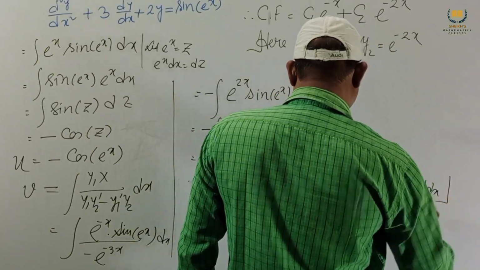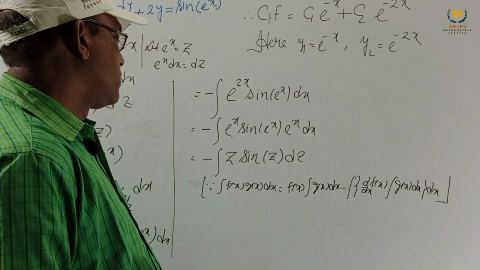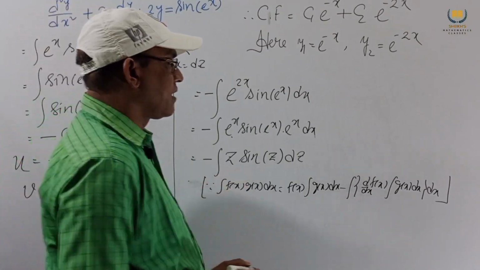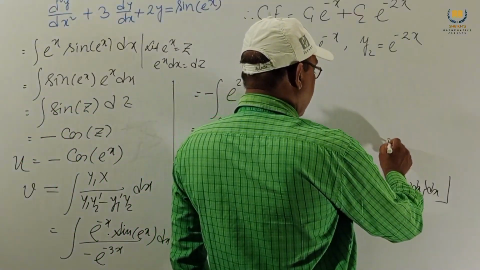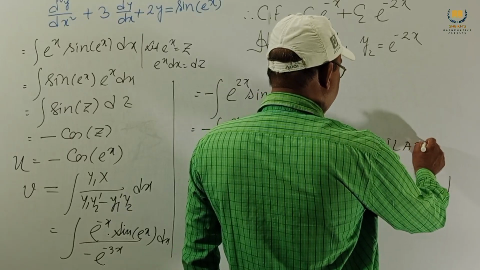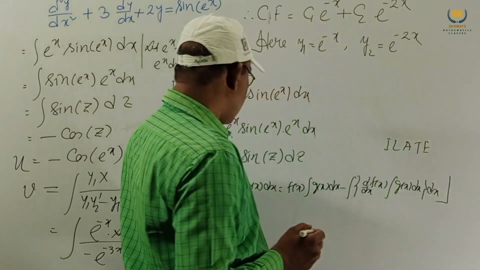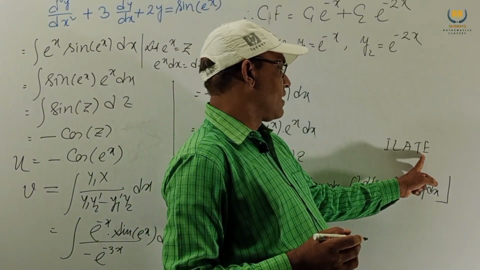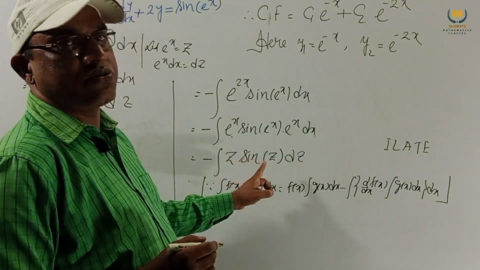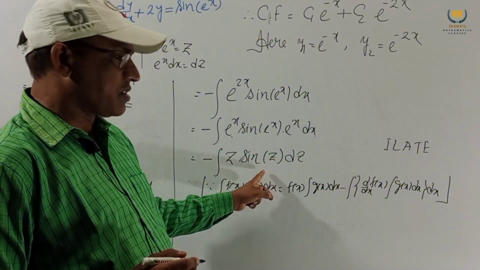These are the by-parts formula. So here we get algebraic and trigonometry, and we know the rule ILATE. According to ILATE, algebraic is first, trigonometry second. We consider this is f(x), this one g(x), the second function.